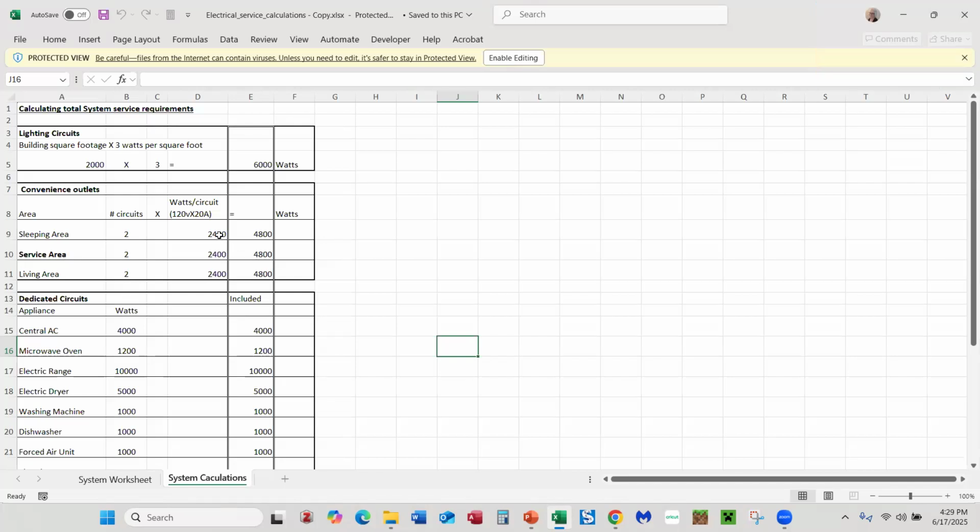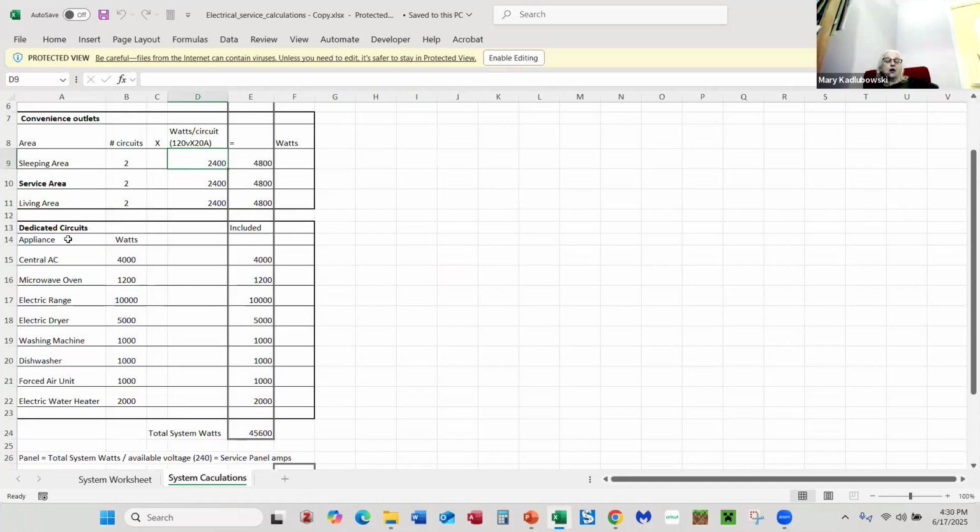Your 20 amp circuit times the number of circuits gives you your total watts. Then you have to go through, remember week one, you had to do a list of all of the office equipment? I think it was week one. I don't remember that. Maybe you missed that.